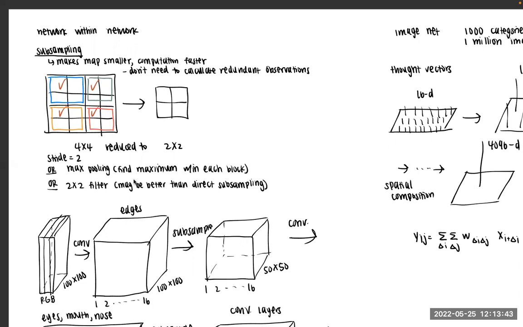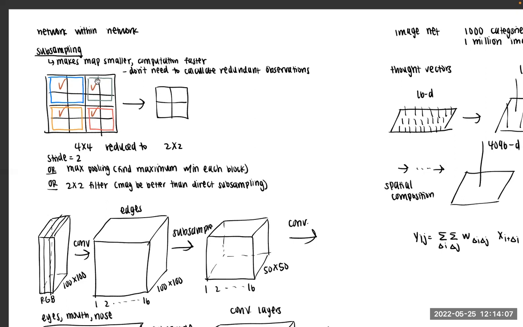Usually after you do this convolution, the subsample is done in this way. But in some modern neural network designs, people actually use a 2x2 filter to do the reduction. So you have a 2x2 filter applied to this part, and then you get this value.